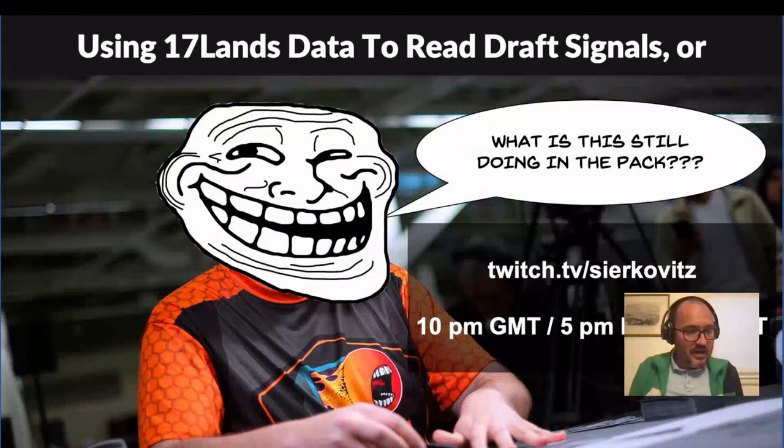But at the same time, I put forward the idea of what a draft signal is, and when the draft signal is actually meaningful and when it is a bit useless. So there's going to be a bit of complication there, hopefully not too much.